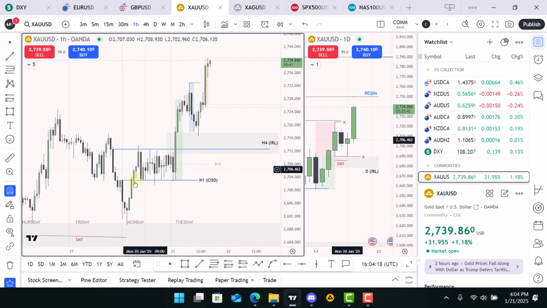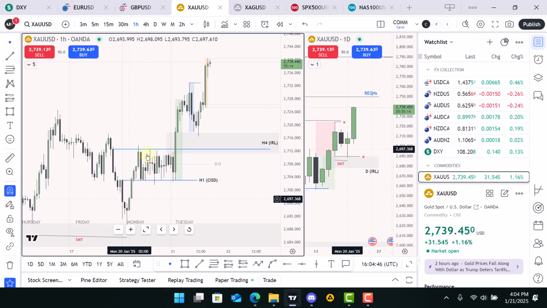Now, ideally, after the 1 hour change state of delivery here, and then price came back to it, that was the good opportunity or the ideal situation to look for my buy setups. But that didn't occur. Why is that? When you consider the market cycle, after price reverses, it can also enter a consolidation phase, and that's exactly what happened here.